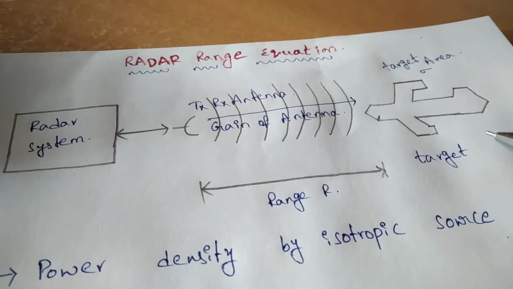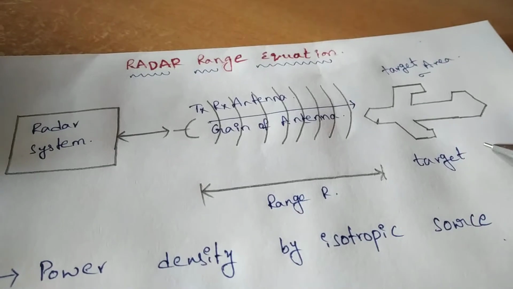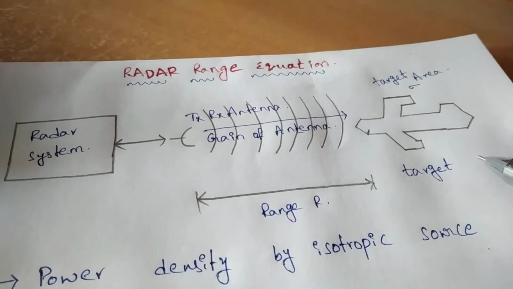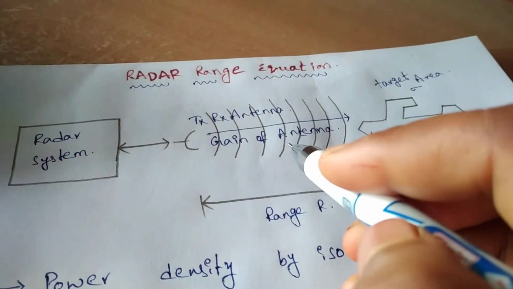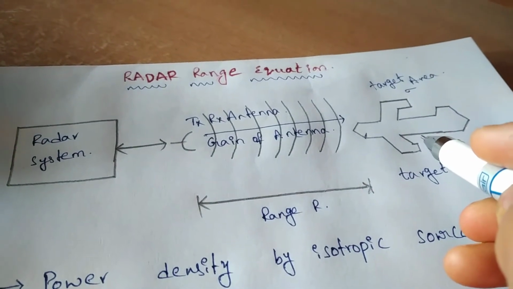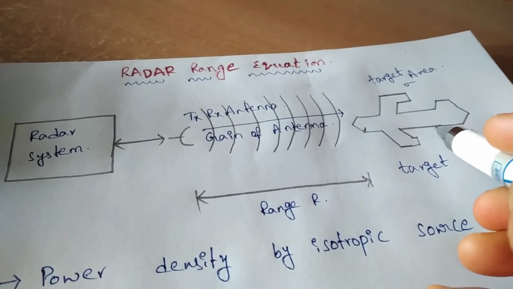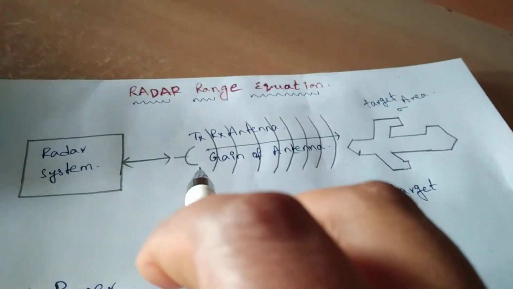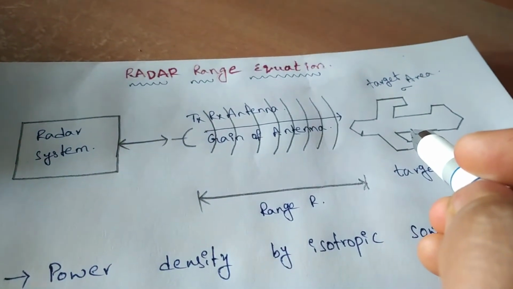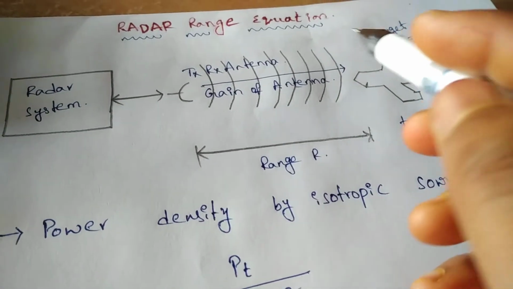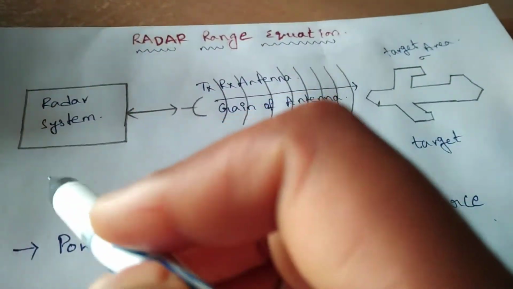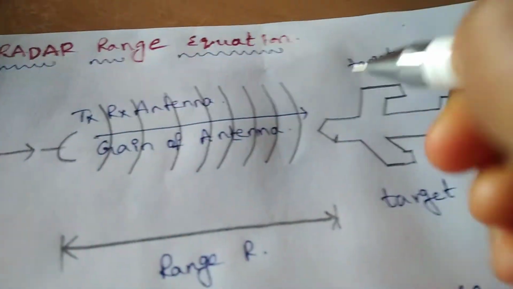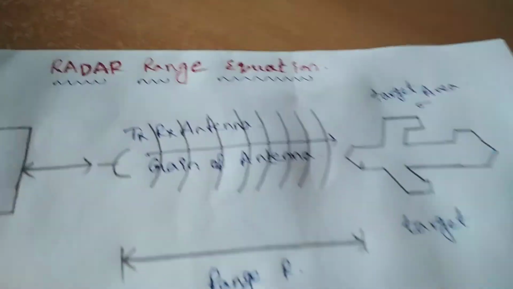Now the power which is coming at the target will again get reflected by the target, and that power will come back at the radar system.